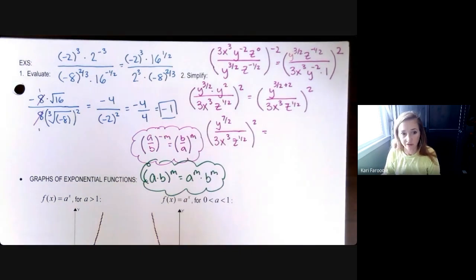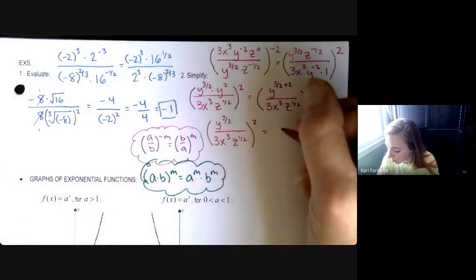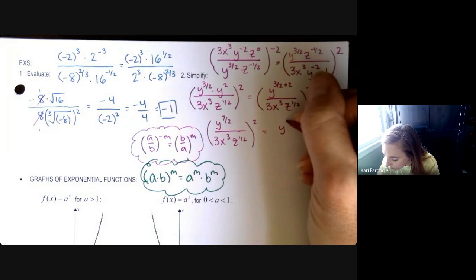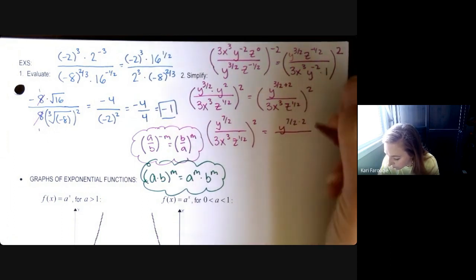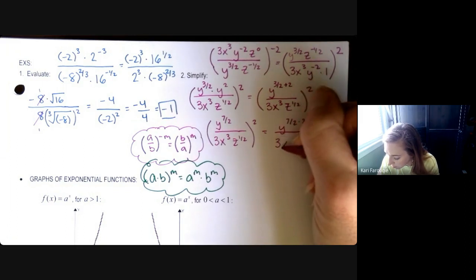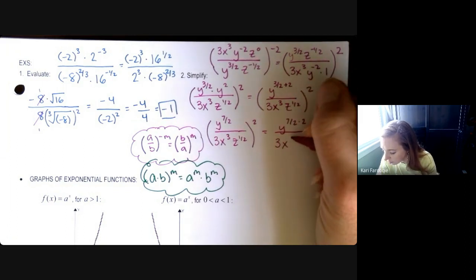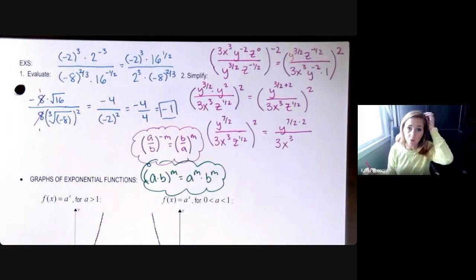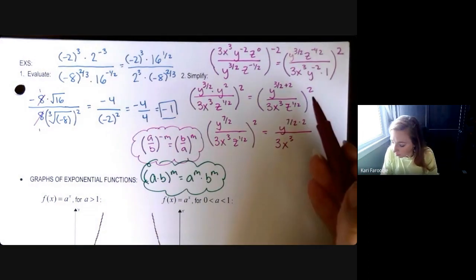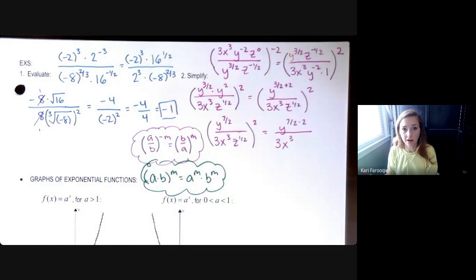So now I can say that we have y to the 7/2 times 2 divided by 3x cubed. Now, I have to be really careful here because when I apply this exponent to the 3x cubed, I need to make sure that it gets applied to the whole quantity.